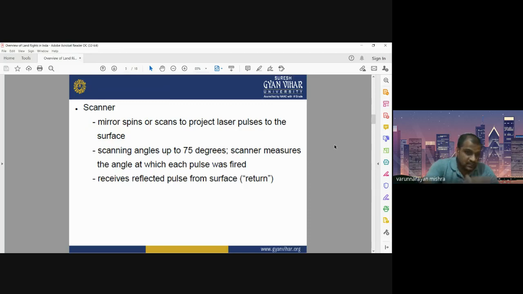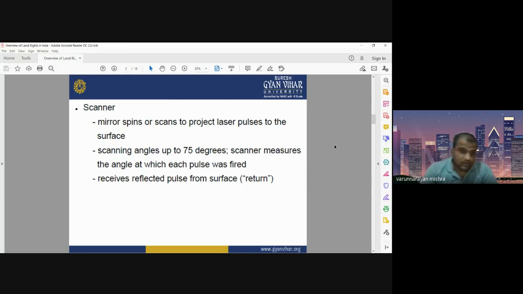So there is a mirror, and it can scan up to 75 degrees. It means the mirror can move between 0 to 75 degrees to receive the entire incoming energy after interaction with the Earth surface feature. The scanner also measures the angle at which each pulse was fired.